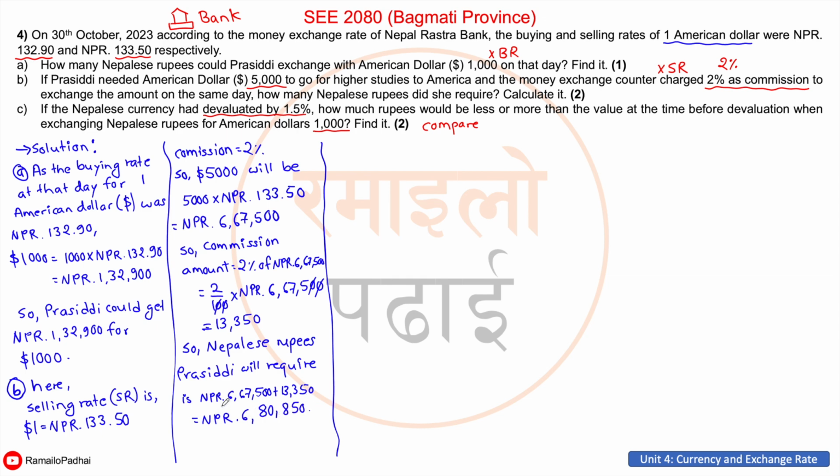So this is the solution for question number B. And now moving on to question number C.